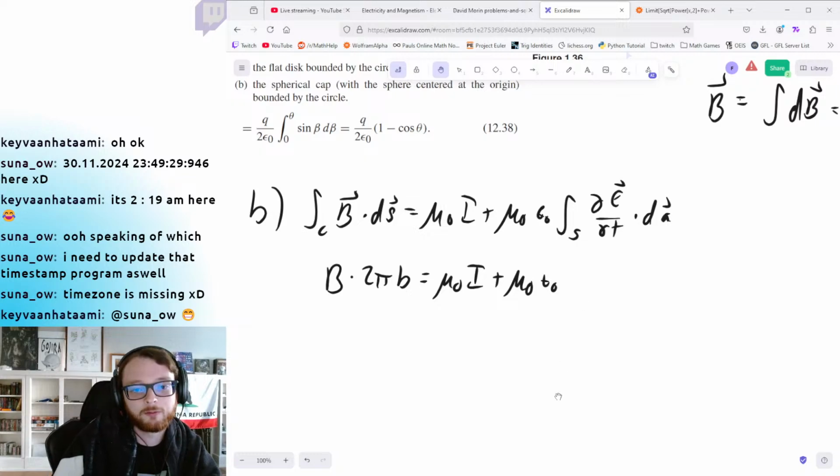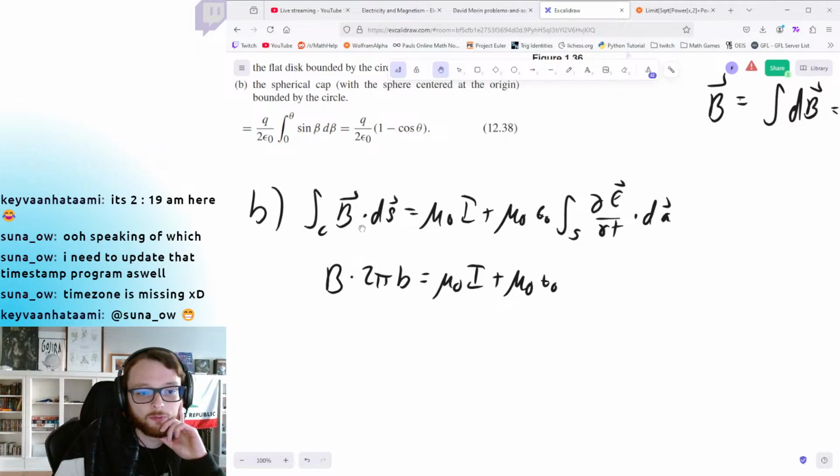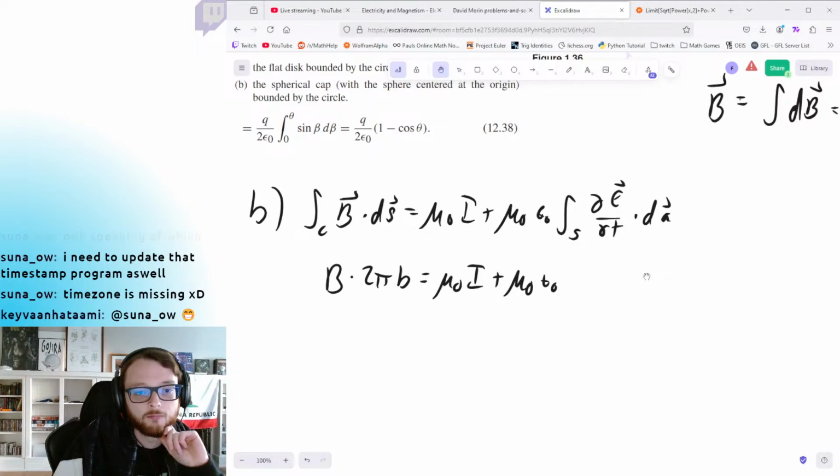I was just thinking about how they were using Ampere's law before, where they would choose some simple line to evaluate it around, and they would always divide over that 2 pi b per 2 pi r. Yeah, wait, because in part A, we found a B field at a point on the circle.